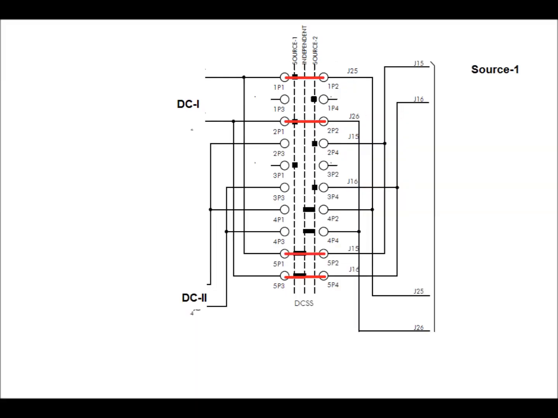Now whenever we put the DC selector switch in the source 1 position, how source 1 is selected has been shown in this diagram. J15 and J16 will take the source 1 input via 5P1 and 5P2 and 5P3 and 5P4, and J25 and J26 will take the source 1 input via 1P1 and 1P2 and 2P1 and 2P2, as shown in this diagram.